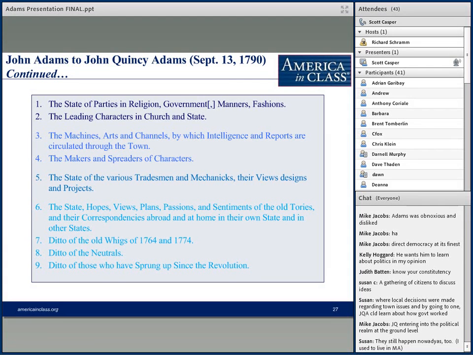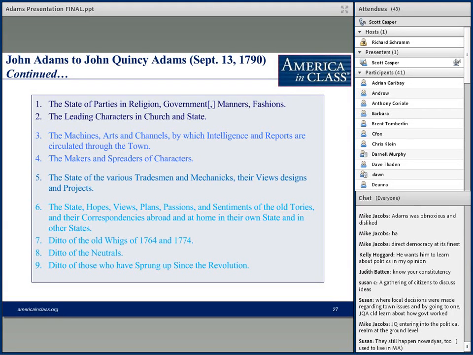By parties here, he probably means the different religious denominations in a community, the different political ideas, the governmental ideas people have, the different ways people act, manners and fashions, and then the leading characters in church and state, that is, the actors in those areas. So the first piece is these big public areas.